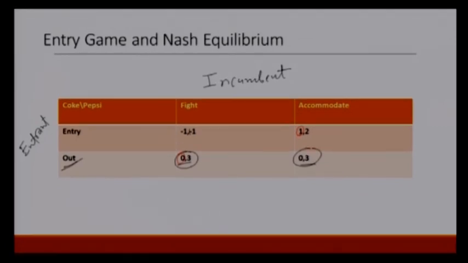If the entrant enters, then the best response is to accommodate, and if the entrant remains out, then the best response would be to fight or accommodate, both. So, here we get two pairs of best responses. What do we get? Out, comma, fight, and enter, comma, accommodate. Okay? There are two Nash equilibria.